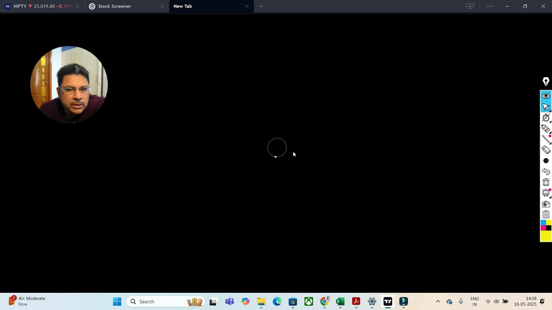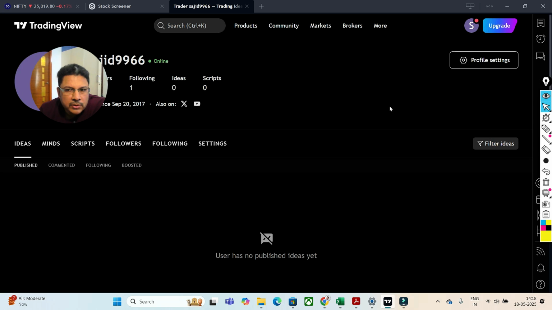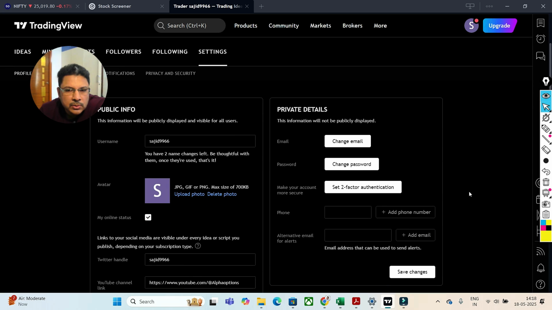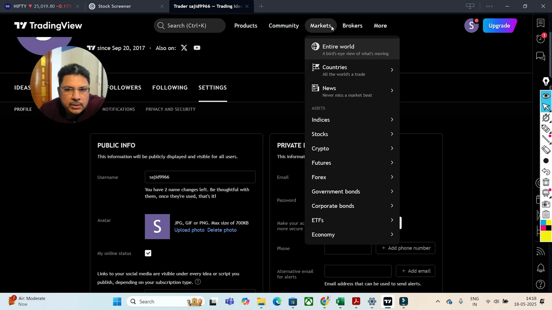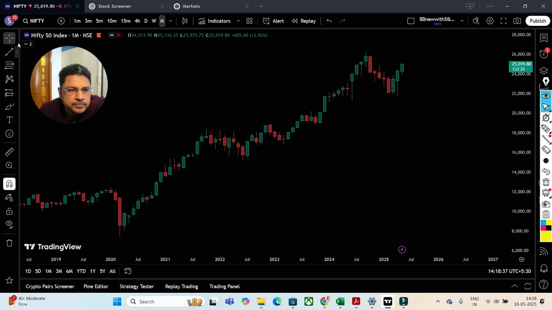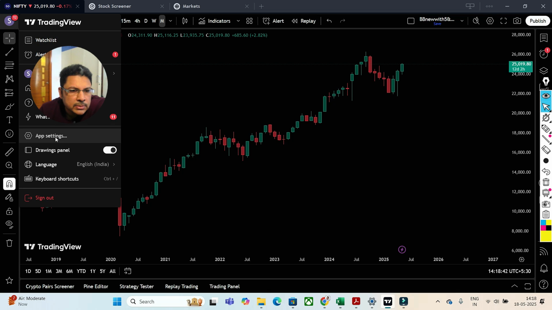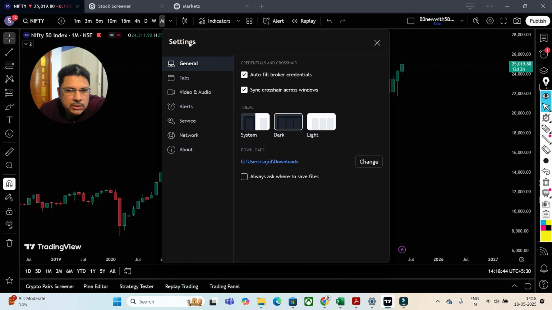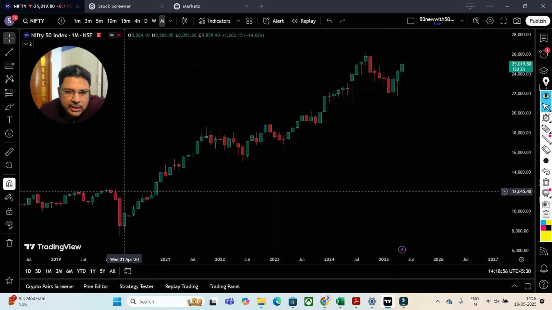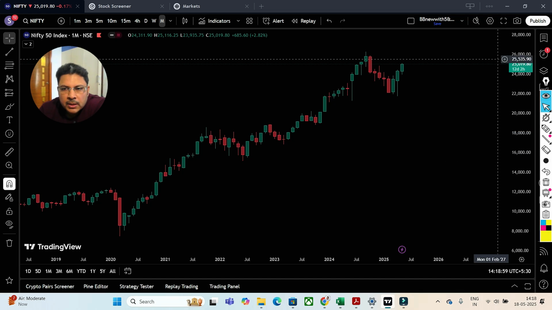If you go to your profile, you'll be able to see what kind of profile settings you can look at, and then you can look at the products. Here you can see the app settings, whether you want a system generated theme, a dark theme or a light theme. Basically I want a dark theme so that the candles are visible to me properly. That is the first step for you to do.